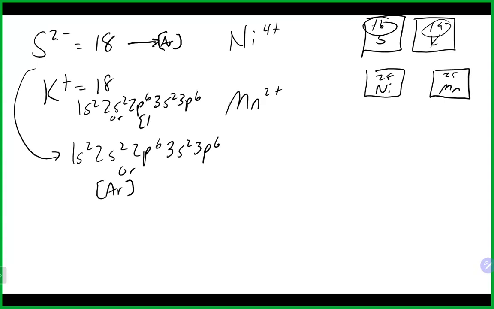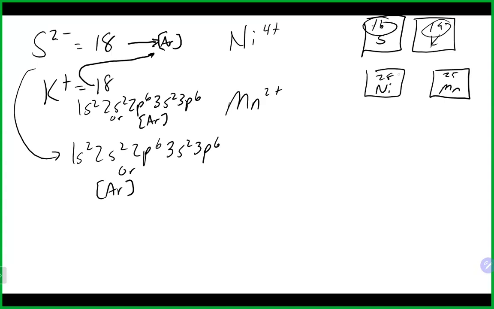It also reaches argon. Potassium backs up on the periodic table to reach the noble gas configuration of argon. So as you can see, in terms of our representative elements like sulfur and potassium, we either put electrons into the last orbital or they lose the last electrons that are there.